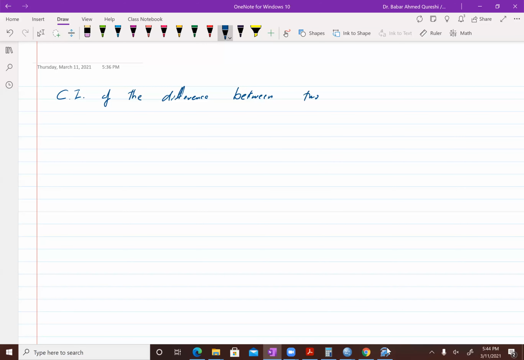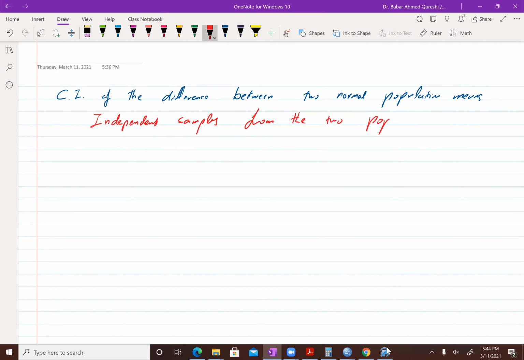All of these things we are doing are only for normal populations. And we are right now taking a difference, comparing the means of those two normal populations. But in the case when you have independent samples from the two populations.